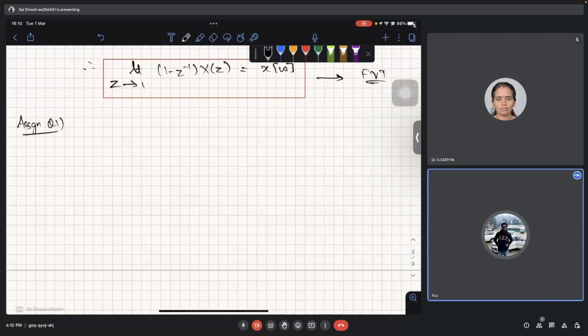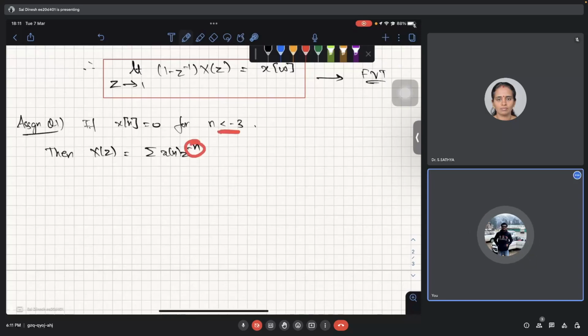Assignment question 1 says that if x of n equals 0 for n less than minus 3, then x of z will be the sum of x of n z power minus n. This z power minus n means that for negative values of n it is a positive power.